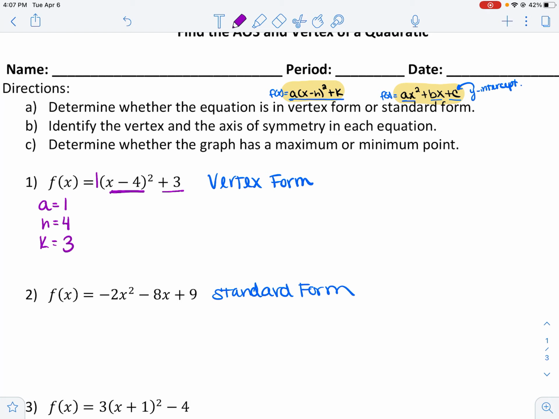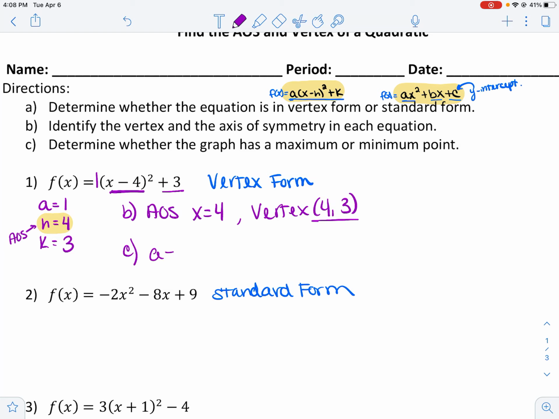So that tells me that for part B, the axis of symmetry is x equals 4, and the vertex is (4, 3). Axis of symmetry is always x equals h, so that guy right there is my axis of symmetry. And then putting together the horizontal and the vertical shift creates the vertex point (4, 3). And then lastly, determining whether the graph has a maximum or a minimum point. Well, that's determined by the a value.